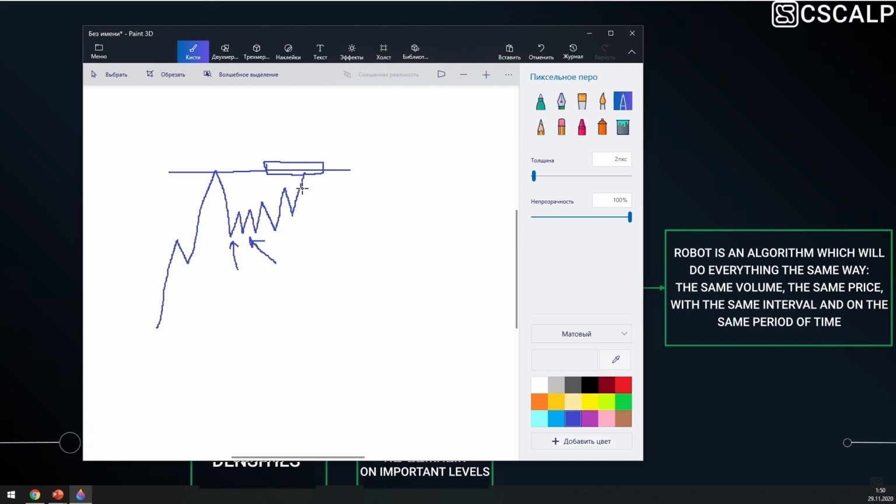Front runners are guys who, seeing this density, try to trade according to this density.